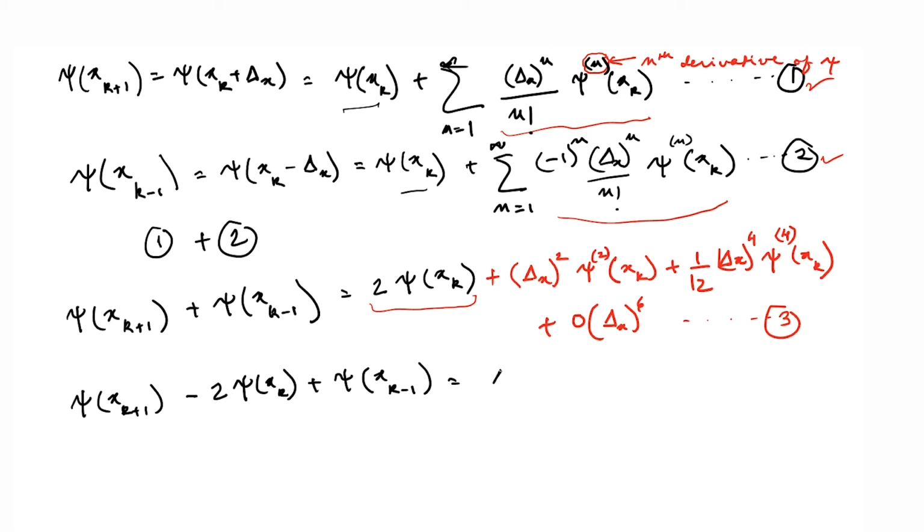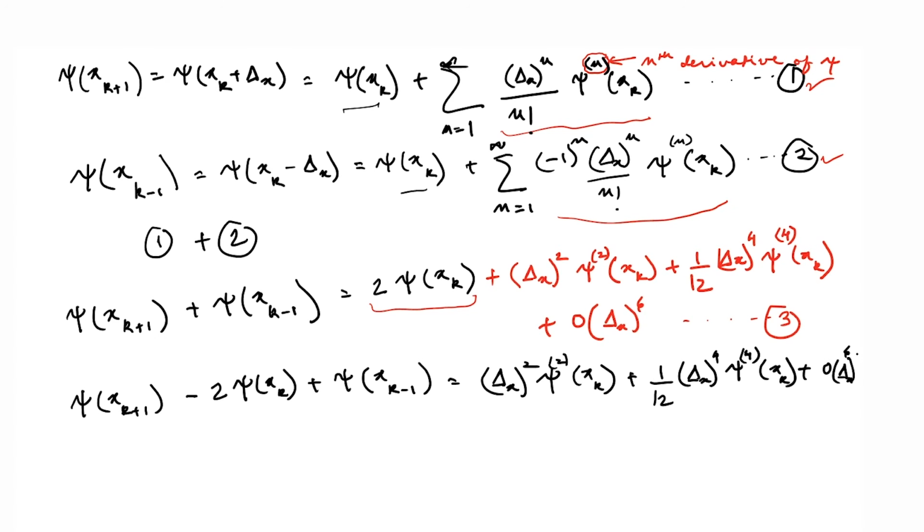This will be equal to delta x squared times the second derivative of psi at x k, plus delta x to the power 4 by 12 times the fourth derivative of psi at x k, plus some order delta x to the power 6 terms. Okay. So, this is what I get, and if you look at the expression on the left hand side, this part here.